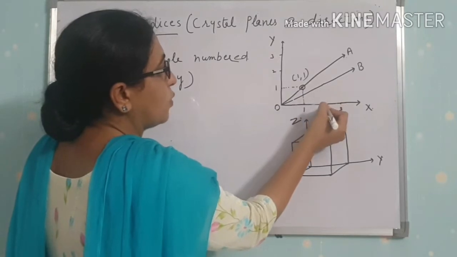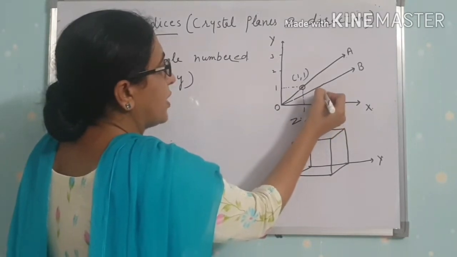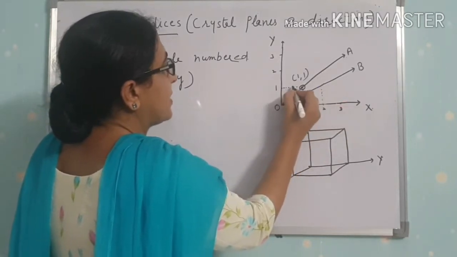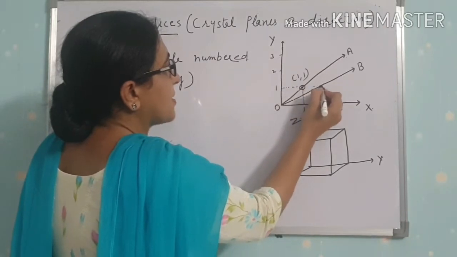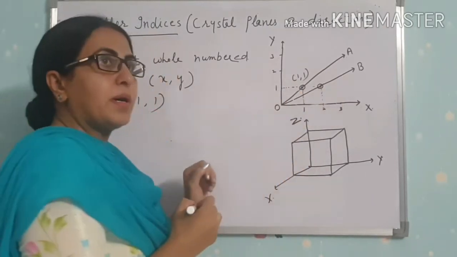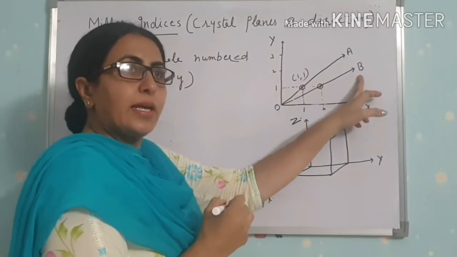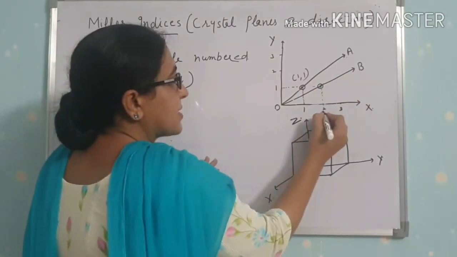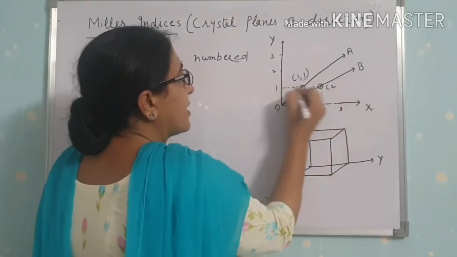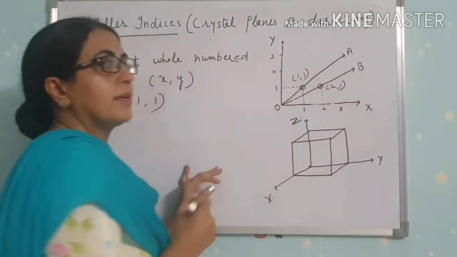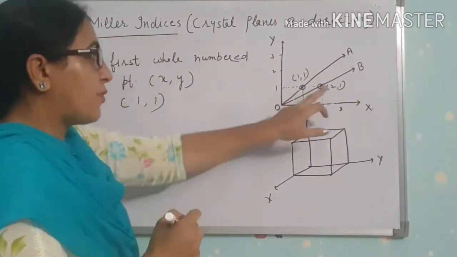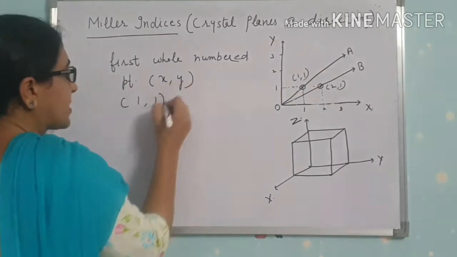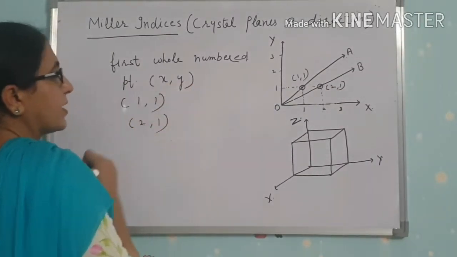So second point 2, when we join this 2, and this is 1, this is the first whole number point in this direction. Clear? So on the x-axis the coordinate is 2, and on the y-axis the coordinate is 1. So for the second direction, the coordinates x, y are 2 and 1.